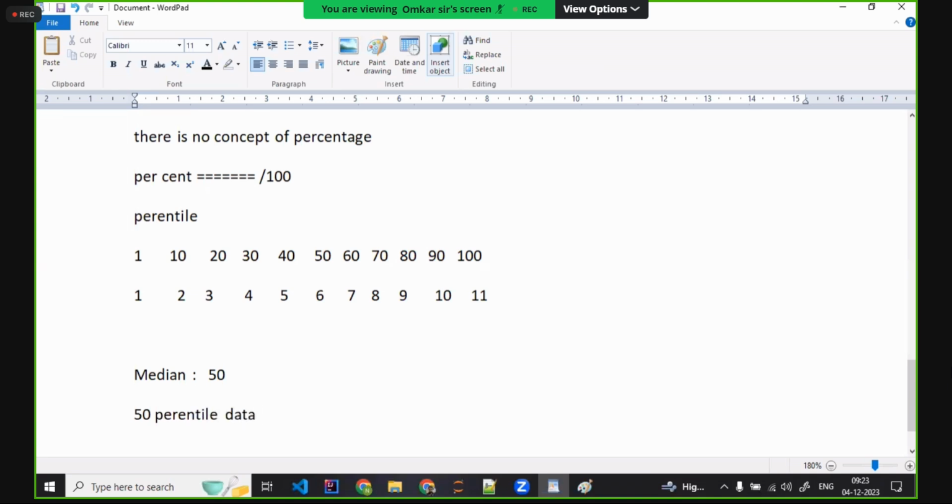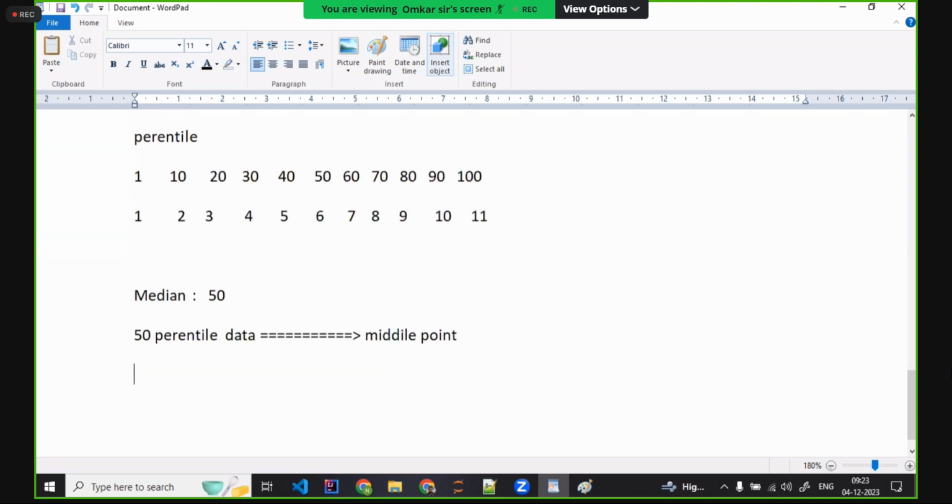I told you that you need to remember that: 50 percentile data. Or one more thing we can say, it is the middle of the data, a middle point. So what is the exact meaning of this?